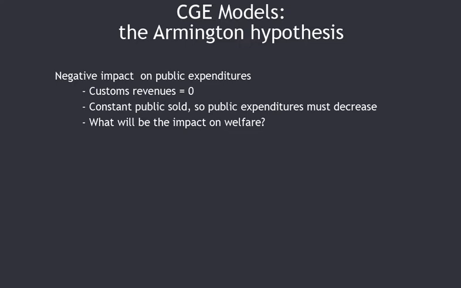And so, obviously, the provision of public goods must be affected in this economy, and therefore the impact on welfare can be questioned, because welfare depends on the consumption of private goods, but also on the availability of public goods. So this is an issue that we will address later in a third curriculum, but right now you can make the difference between the effect on private consumption and the effect on welfare.